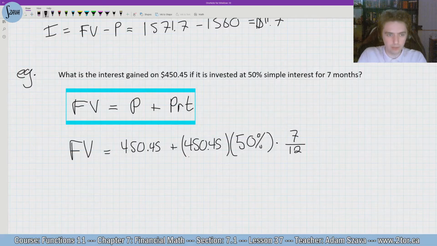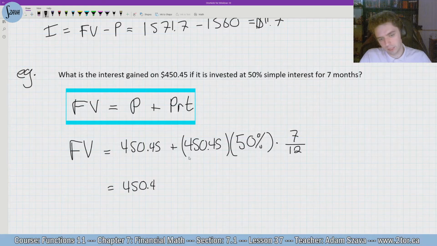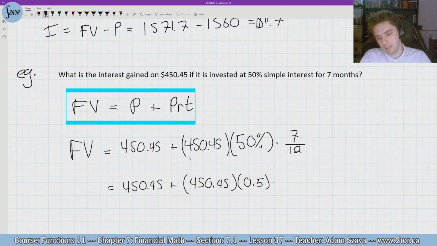It's common in financial math, you don't do things perfectly exactly, because you really only care about things to 2 decimal places. So feel free to turn fractions into decimals in this unit. It's very commonly done, in fact, almost always. So what's going to happen here is that it's going to be 450.45 times 0.5, because that's 50%, times 0.58, because 7 over 12 is about 0.58.